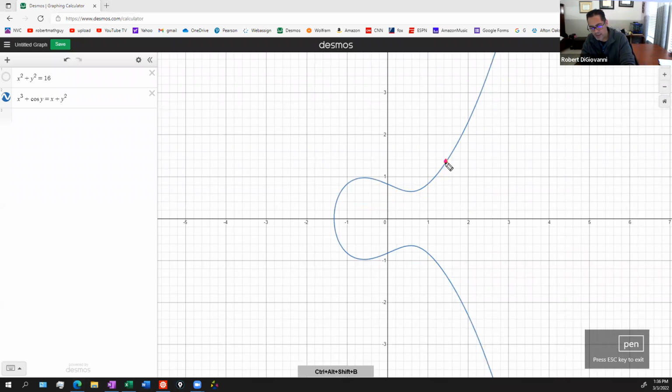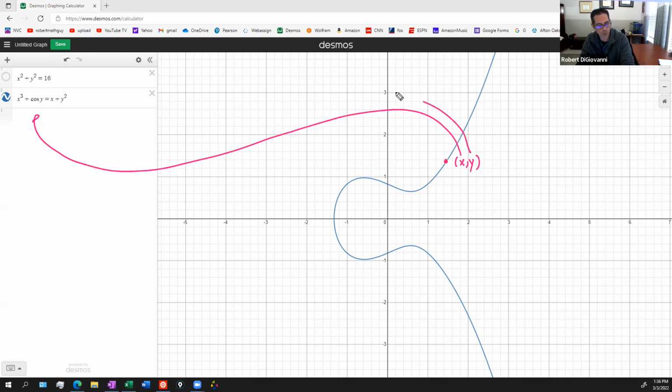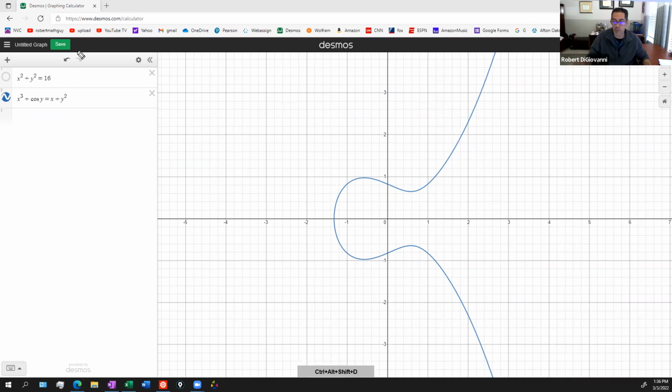Whatever that X is, whatever that Y is, if we take that X and plug it in here, we take that Y and plug it in here, we should get a true equation. The left side should equal the right side. So every point on that blue curve is a solution to that equation. This is what they look like, but this is not a function.